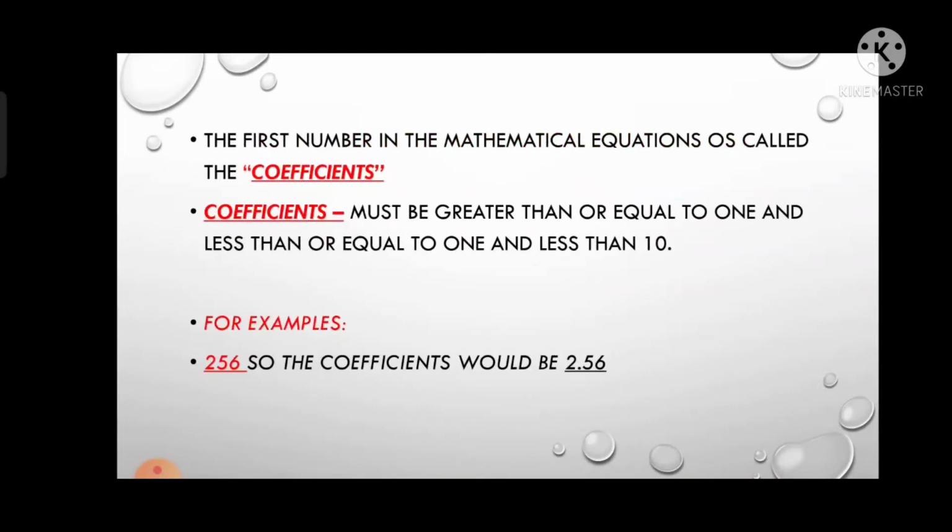So, let's proceed. The first number in the mathematical equation is called the coefficient. So, ang pinakauna gyud nga number sa mga scientific notations is ginatawag nga coefficient. The coefficient must be greater than or equal to 1 and less than 10. So, dapat ang coefficient or ang pinakauna nga number is dako siya or equal to 1 and less than 10.